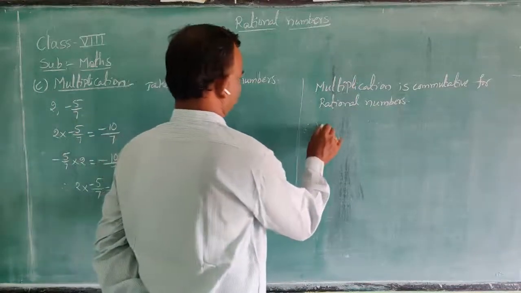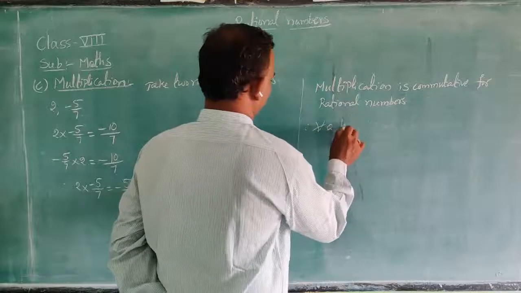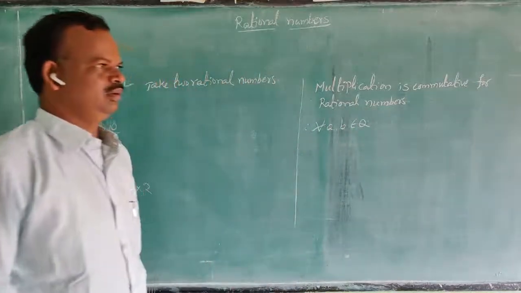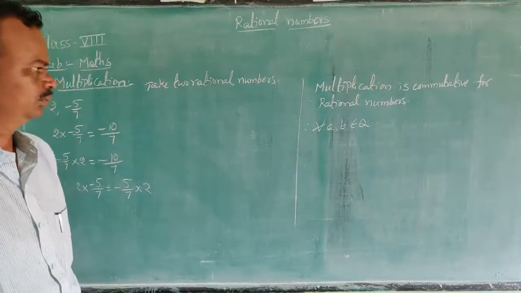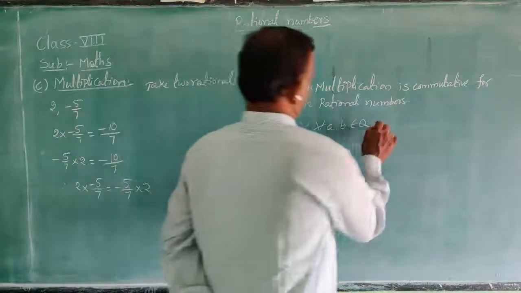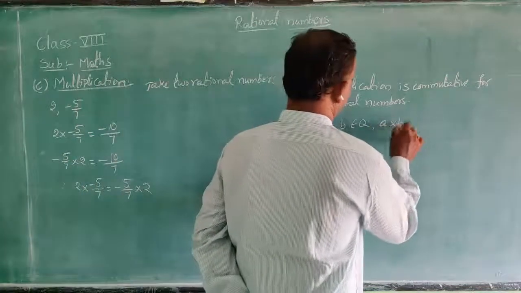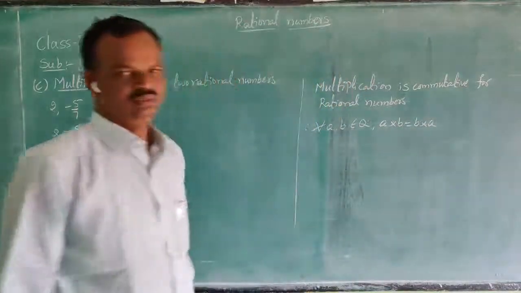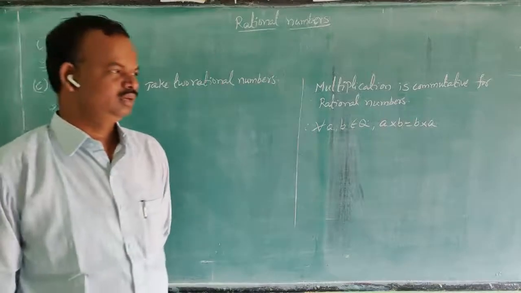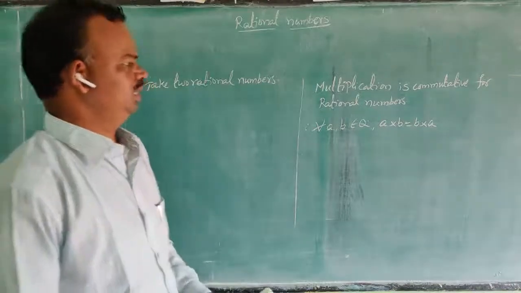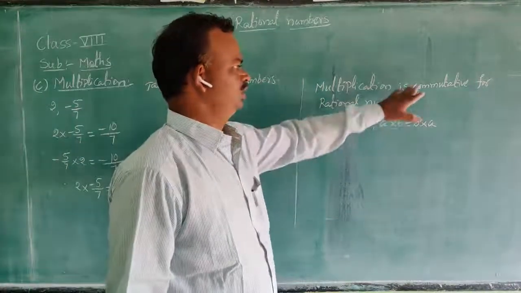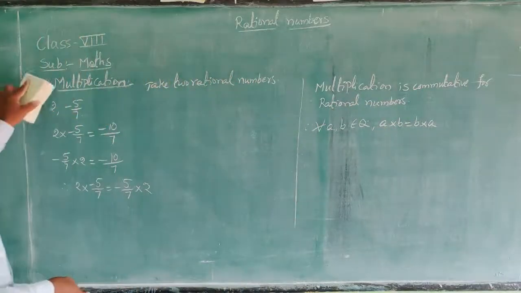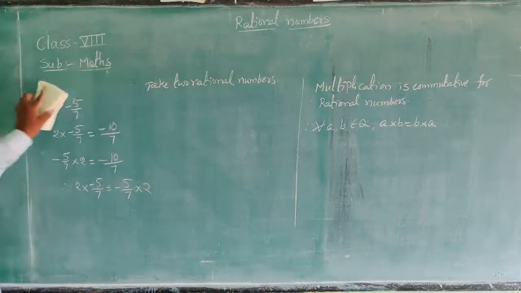In general, we say that for all a, b belongs to Q, a into b is equal to b into a, which is satisfied. So it is commutative for multiplication. And next one.